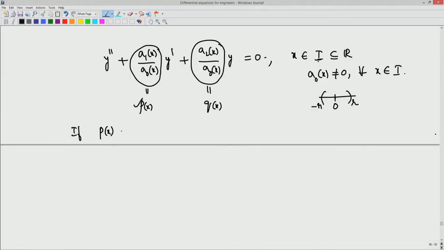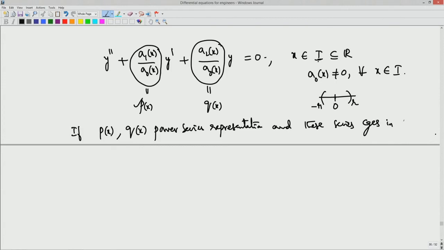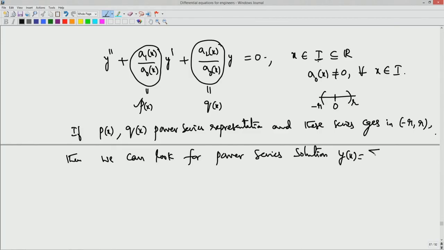Okay. So, if P of x and Q of x have power series representations, and these power series converge in minus R to R, then we can look for a power series solution y of x in terms of Cn, where the Cn's are unknowns, summation Cn x power n, n from 0 to infinity.